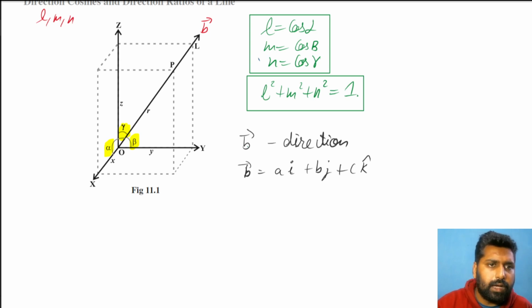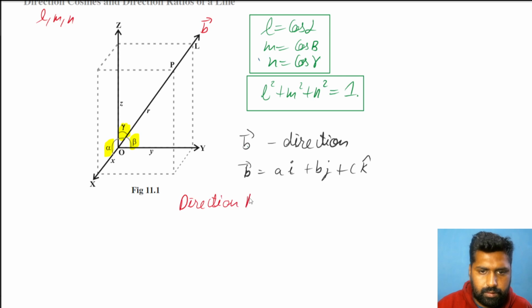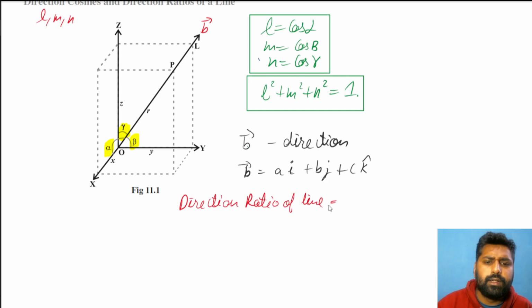Now, if I ask what is the direction ratio of a line? Direction ratio basically means the components of your b vector.